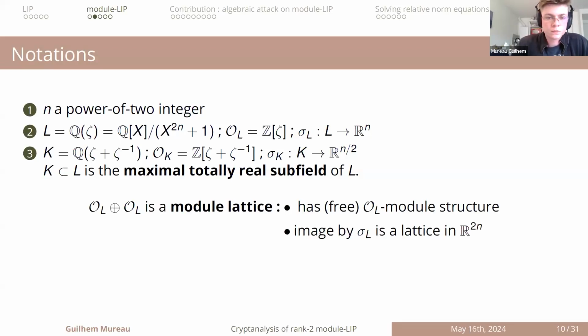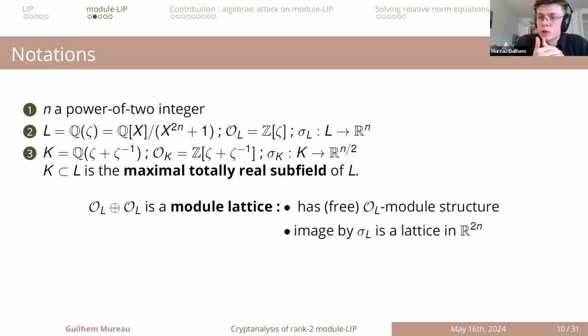Okay, so in module LEAP, we work with modules, module lattices. An example of a module lattice is an ideal or fractional ideal. So it is a rank 1 module lattice. But if you want something with rank strictly bigger than 1, I think the easiest example is O_L plus O_L. So you take two copies of the ring of integers, and this is a module lattice. That means it has an O_L-module structure.